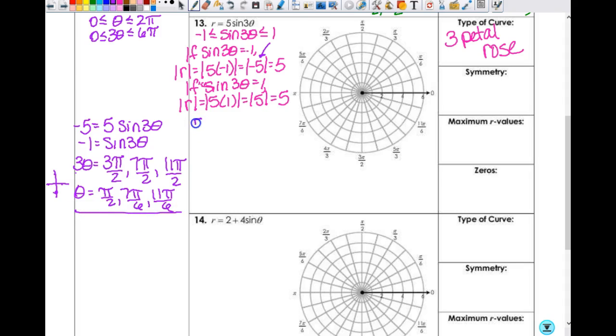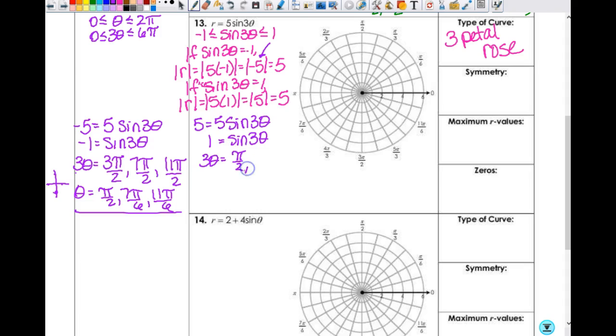Then I have positive 5. That's equal to 5 times sine 3 theta. So 1 equals sine 3 theta. 3 theta equals, what's the first one it's going to give me? When is sine 1? Pi halves.